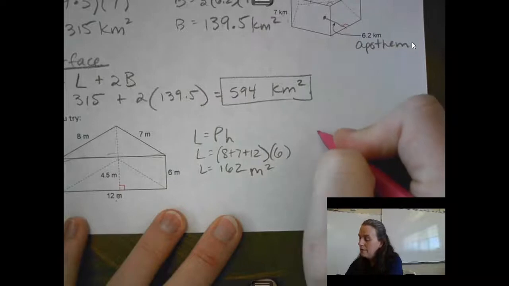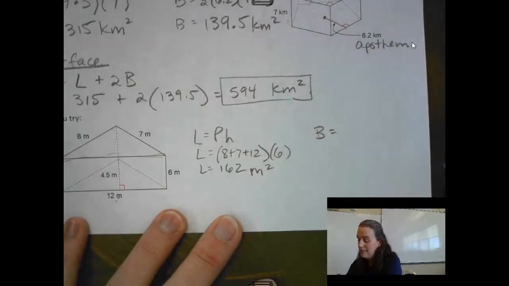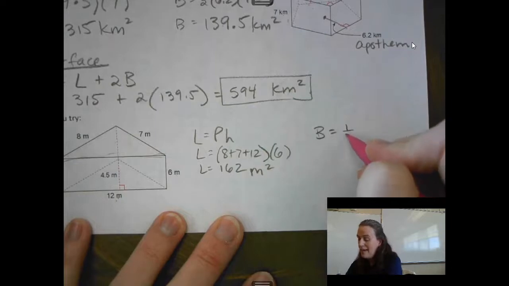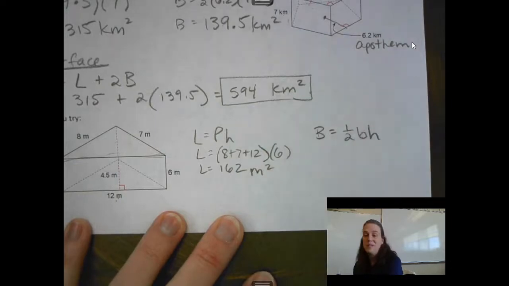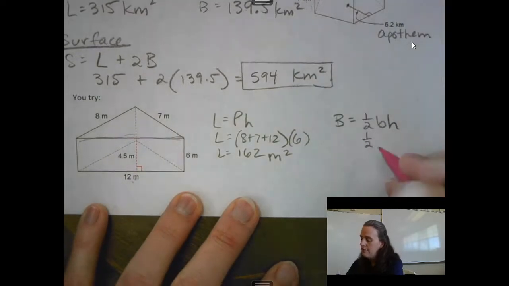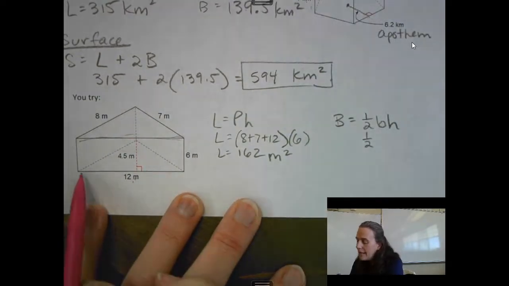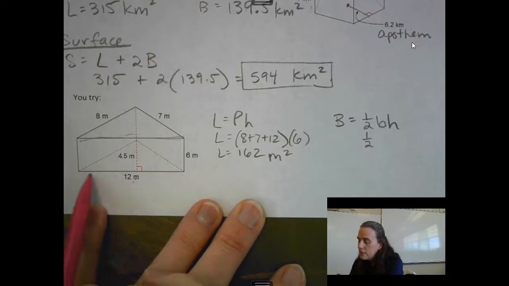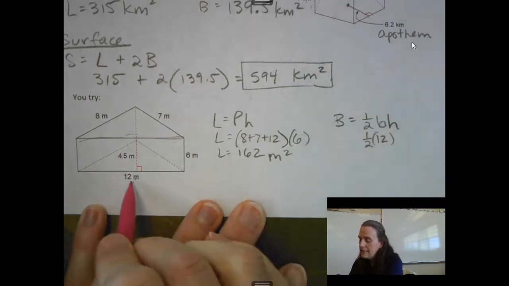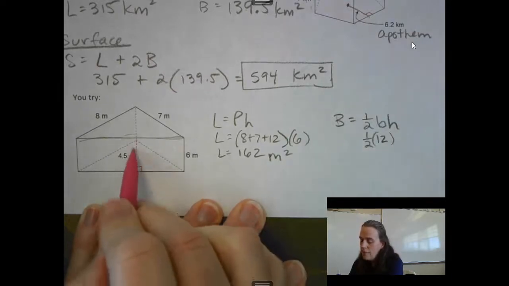How about the base area? So the base is a triangle. And did you remember this? 1/2 base times height is the area of a triangle. So 1/2 base, we're going to use this base right here, 12. And we picked that side because they gave us a height from that side.